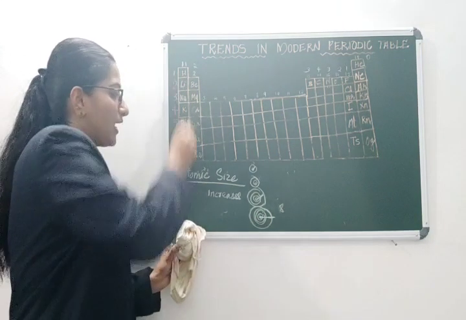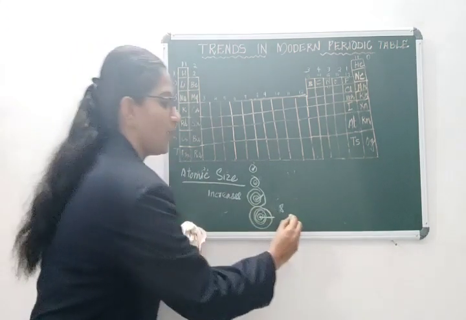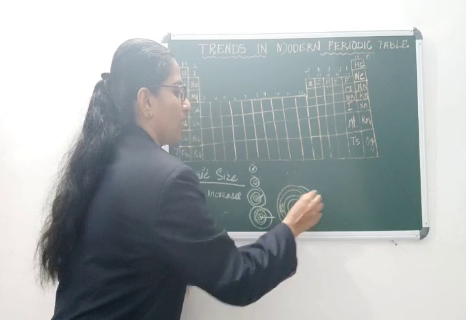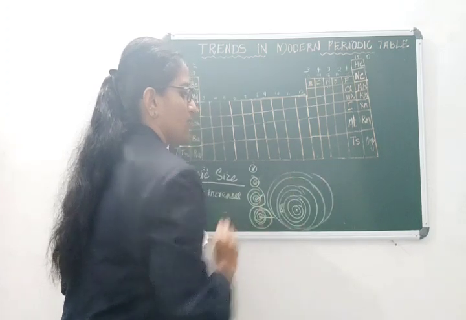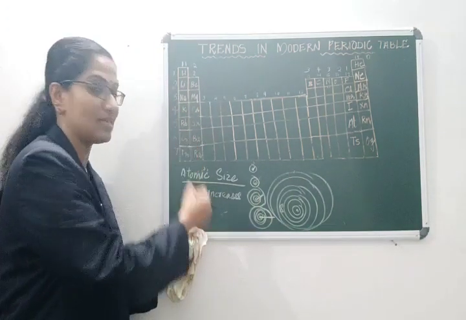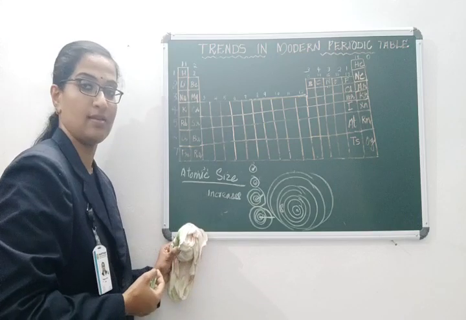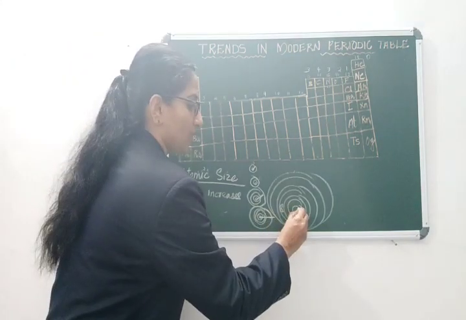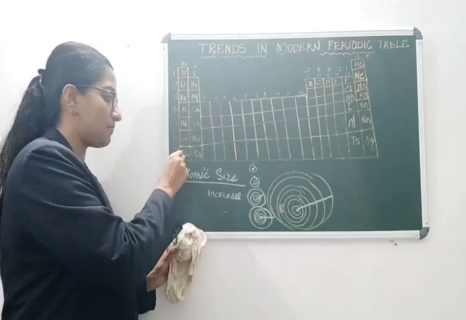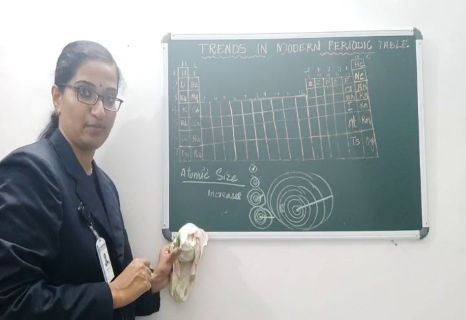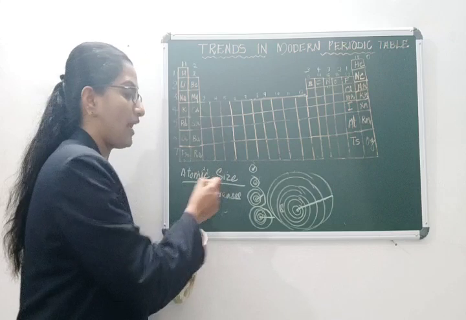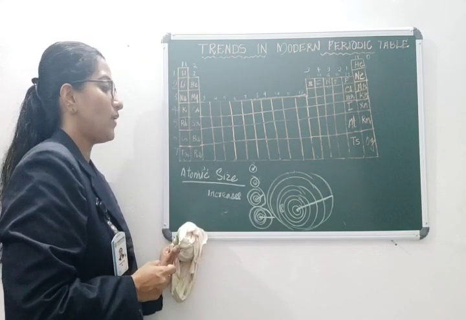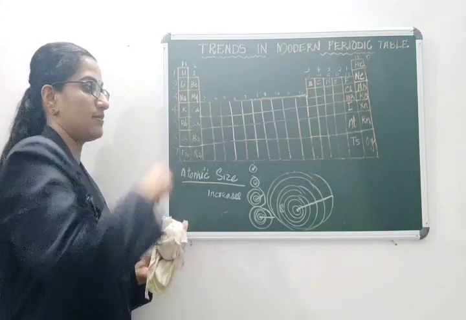When you come down and reach francium, you cannot imagine where the last shell is. Such a tremendous, drastic change is there. Such a big atom is francium. Group wise, francium is the biggest element, since it has a big atomic size and atomic radius.